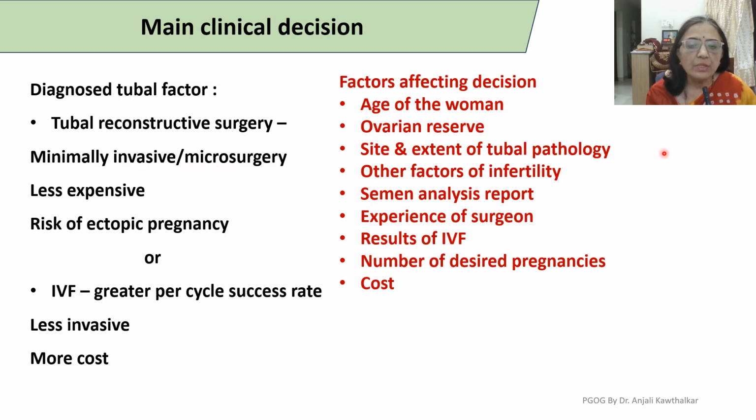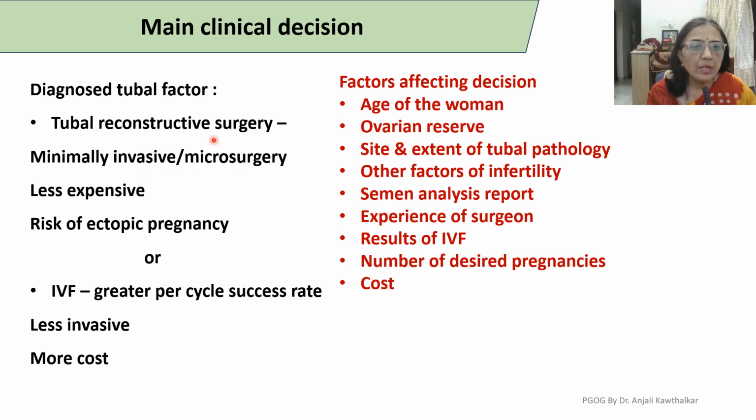Now, whenever we talk about this tubal factor of infertility, there is only one main clinical question in the mind of the gynecologist whenever we are assessing the tubal factor. Whenever there is a diagnosed tubal factor, whether to proceed with tubal reconstructive surgery, such as minimally invasive surgery where we can do laparoscopic surgery, or a robotic surgery which is now being tried nowadays, or whether we can proceed with a microsurgical technique, an open technique with microsurgery principles.